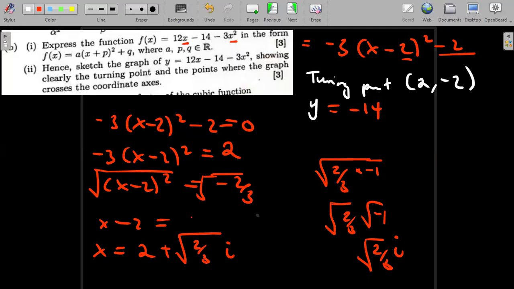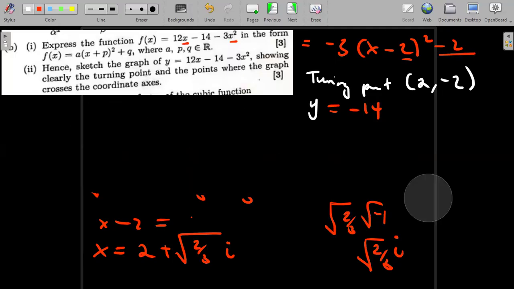So when you have imaginary x-intercepts, it means that the graph is not going to cut at any point on the x-axis, meaning the graph is not cutting the x-axis. So we have already what we need.